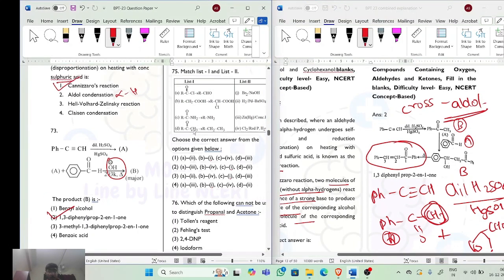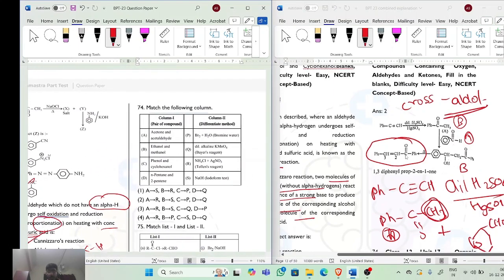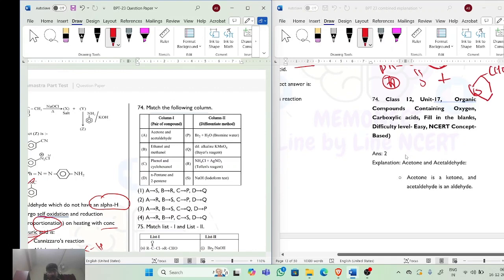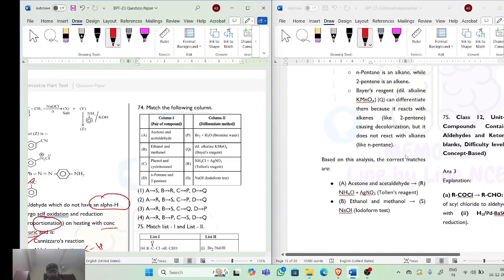Now comes question number 74. This is a match the following question, in which the first option is acetone and aldehyde.